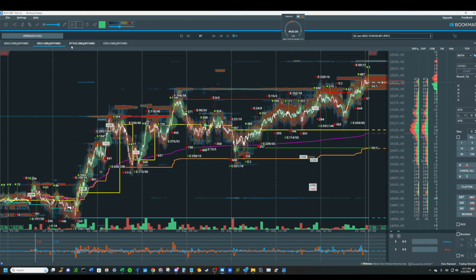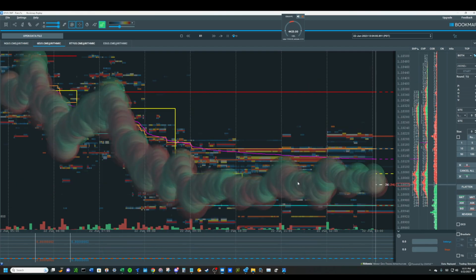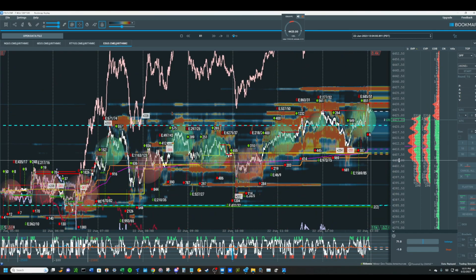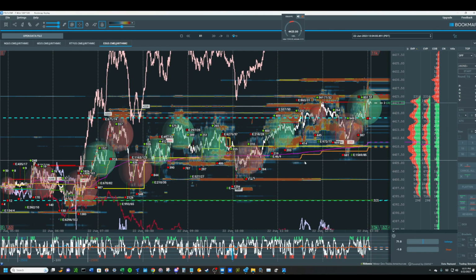So I'm trying to keep in mind other markets, and I try to mark them up with the IB high and low, because some days ES just isn't great. So you have some decent ones, but which one would you want to be in? Would you want to be ES? And then look at RTY.